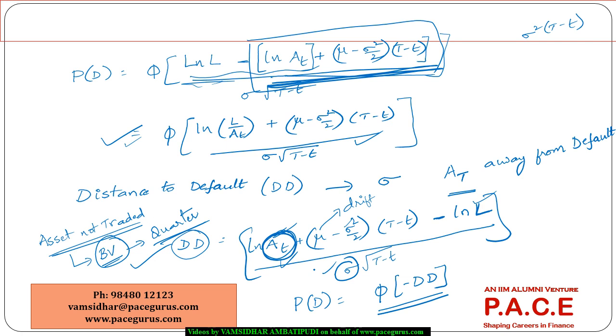This is where the option pricing comes into the picture. Otherwise, we really don't need any kind of option pricing formula. As long as we are able to find out AT and sigma, we don't need any other support. We could have directly looked at the normal distribution value, the probability that the value is falling below the log L, and that is where we could have directly evaluated the probability of default.